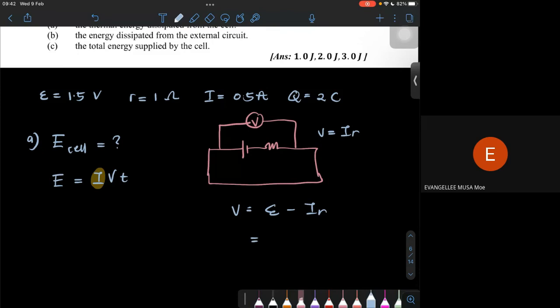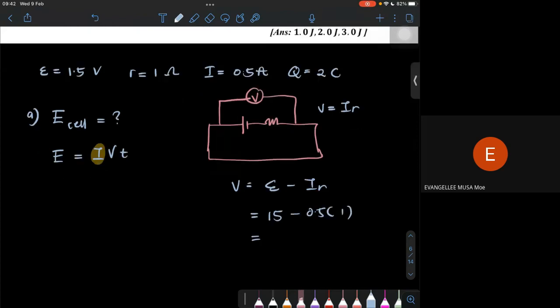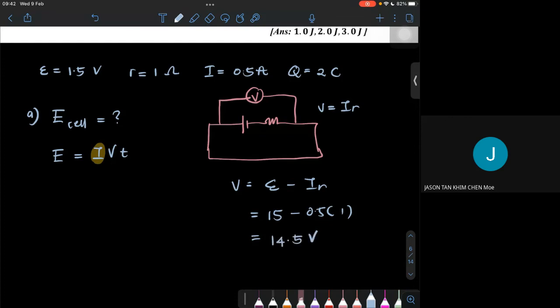So kamu akan dapat 15 minus 0.5 darab dengan 1. Okay, dapat berapa? Fourteen point five volts. Oh, sorry, berapa dia? 14.5. 14.5 volt. Okay.